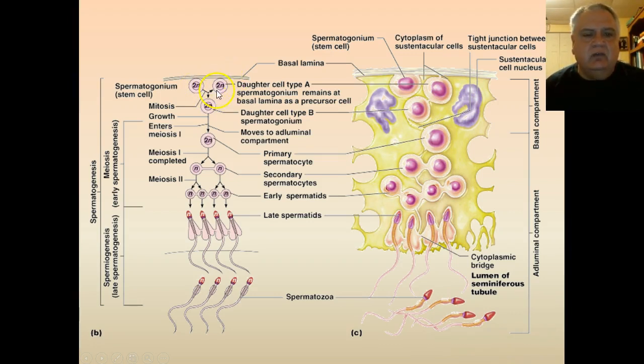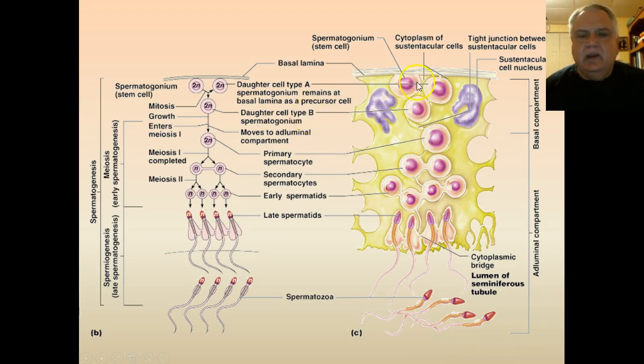One of these two cells, this one right here, will remain attached to the basal lamina. It'll be referred to as a type A daughter cell. The other daughter cell will begin to move toward the lumen. It'll begin to move through what we call the adluminal compartment. This daughter cell that's moving toward the lumen and going to continue to undergo further development into sperm cells, we're going to refer to as the type B daughter cell.